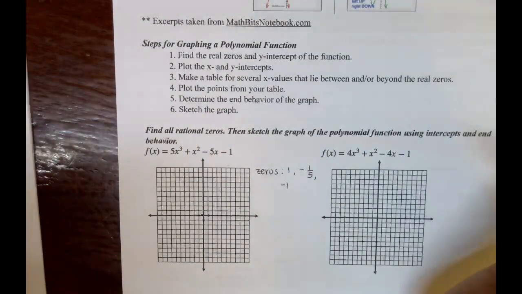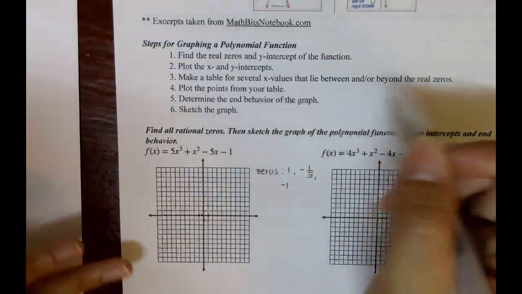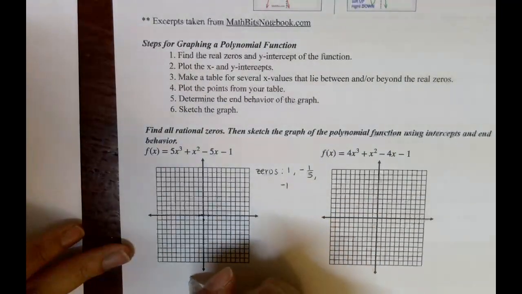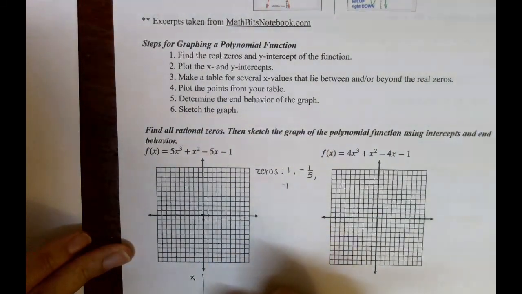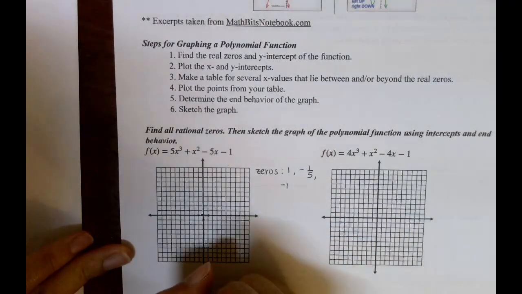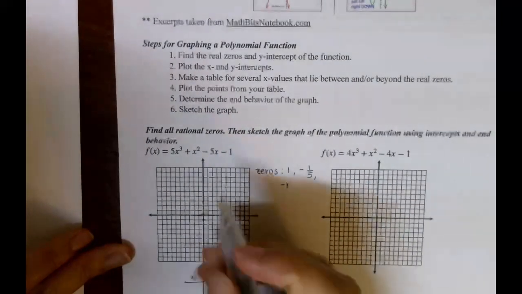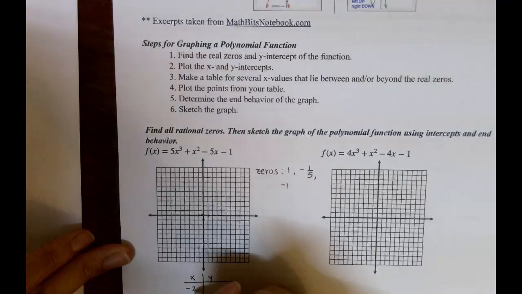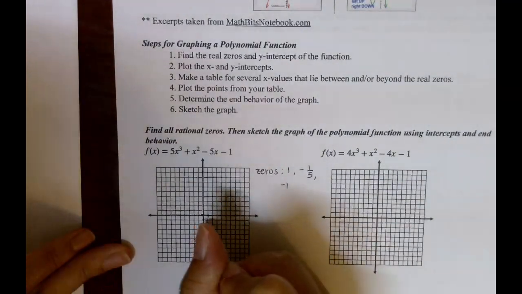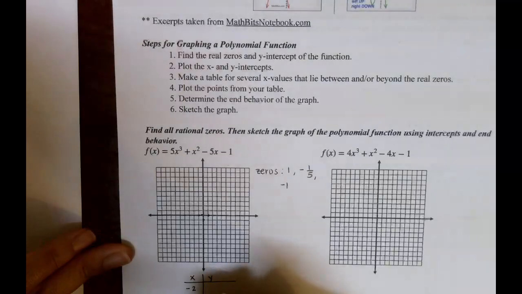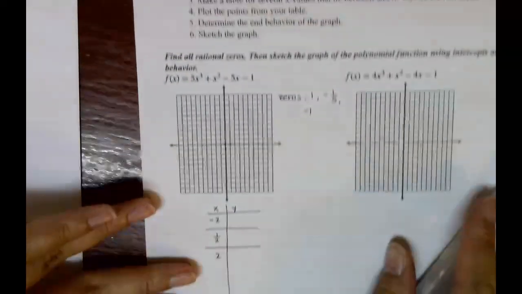Okay. Then I'm going to just make a table for some of my other numbers here. So I'm going to try negative 2, and maybe 1/2 is between here and here, so 1/2. And I'm going to try 2.